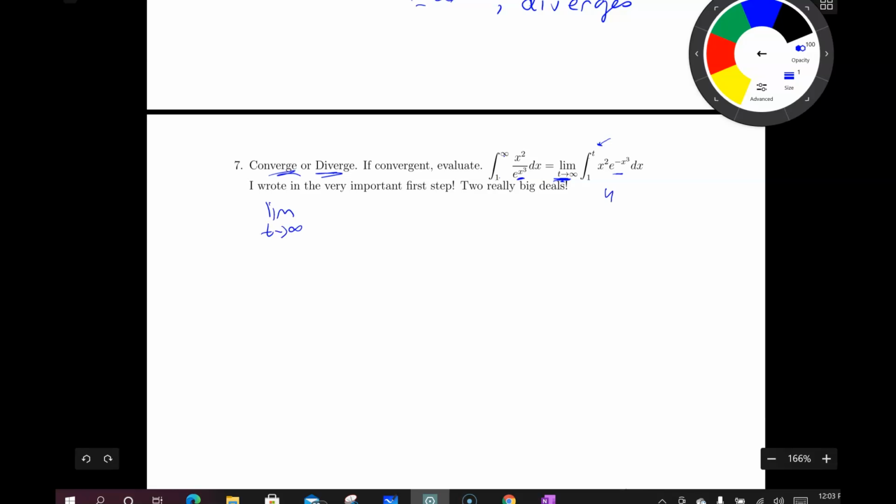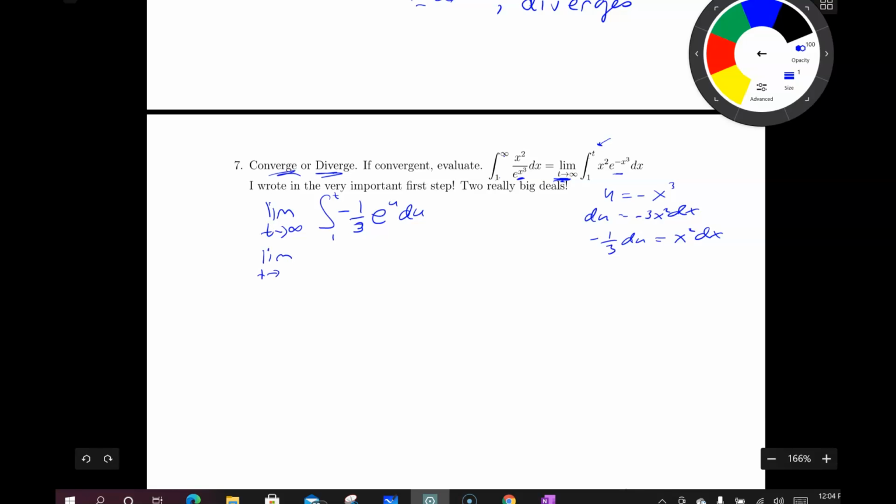So I'm going to let u equal negative x cubed, then du is negative 3x squared dx. So negative 1/3 du is x squared dx. So remember, I'm going to have to put the x's back in, so be really careful that you carry everything along. So 1/3 e to the u du between 1 and t.